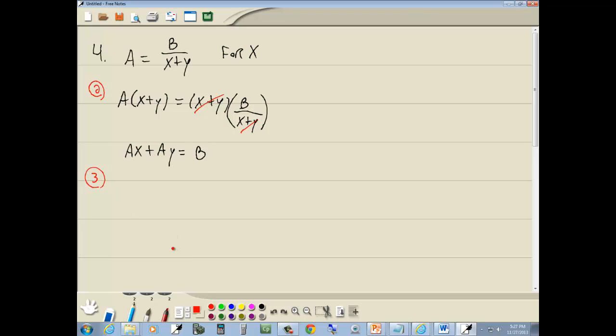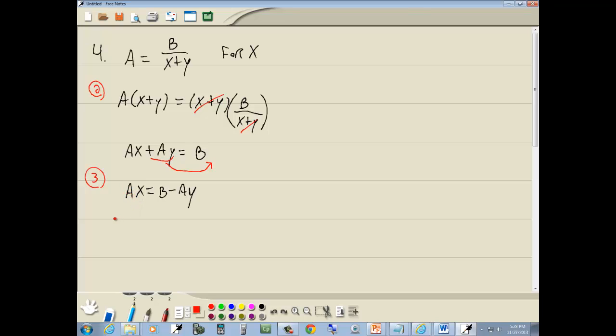Step 3. Get all the terms of the variable you're solving for on one side, everything else on the other side. We're solving for x, so I'm going to take this ay and move it to the right side. So we got ax is equal to b minus ay. Remember, you take anything across your equals, your sign changes. The positive ay becomes a negative ay. Step 4, if the variable you're solving for is in 2 or more terms, factor it out.